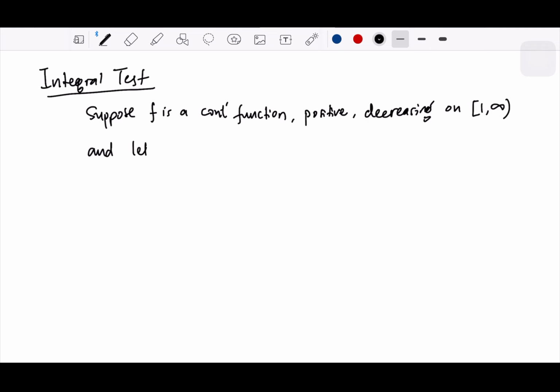And let the sequence be a function of n.